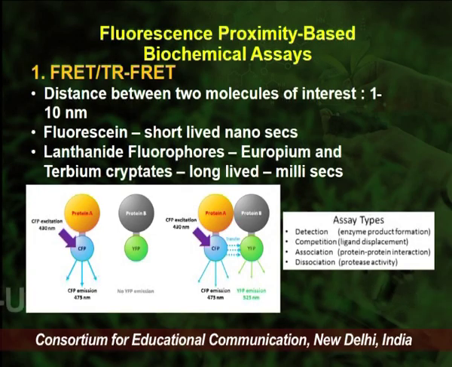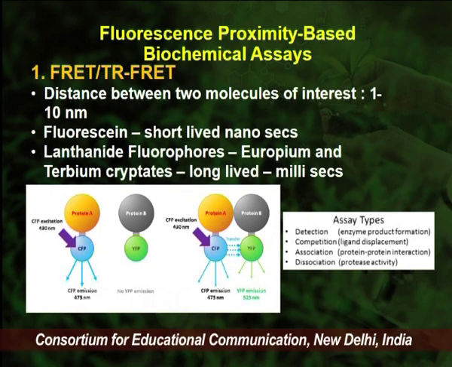When we pass light at 680 nanometers or any specific wavelength, the donor molecule will absorb the light and donate the energy. If the two protein molecules are close enough, this energy will be accepted by the acceptor molecule, and once the acceptor molecule absorbs this energy, it will start emitting fluorescence. And this is how we come to know that there is an interaction between the two proteins.